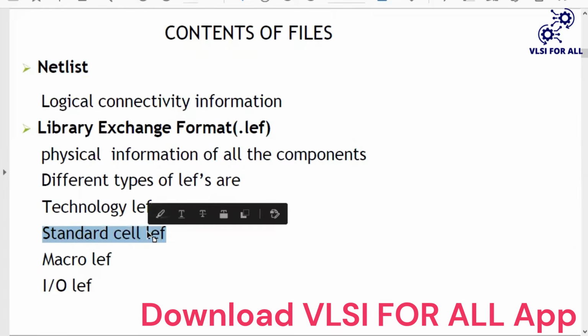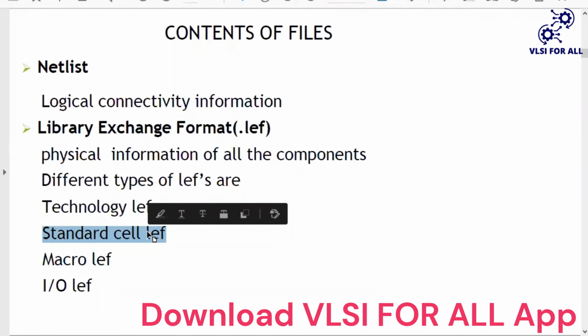Just two to three minutes back we discussed combinational and sequential cells, and whether physical info is available in the library exchange format. Whatever that cell's info is, physical info. Next one is the macro LEF. Macros, such as memories, have physical info: how many pins that cell has, input pins, output pins, selection lines, clock connections.